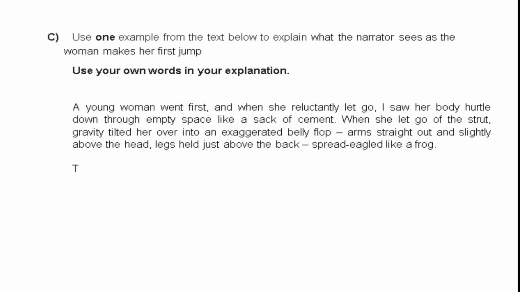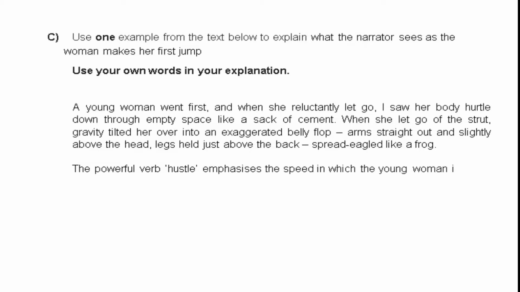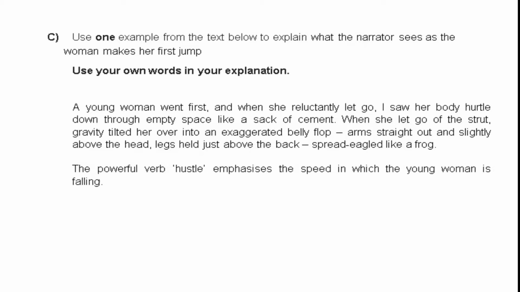So let's start: the powerful verb hurtle. Let's put emphasizes the speed in which the young woman is falling. So I guess there's our first point. Let's put it also creates the impression that she is falling, hurtling down.